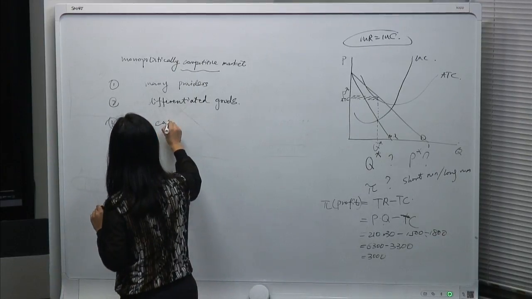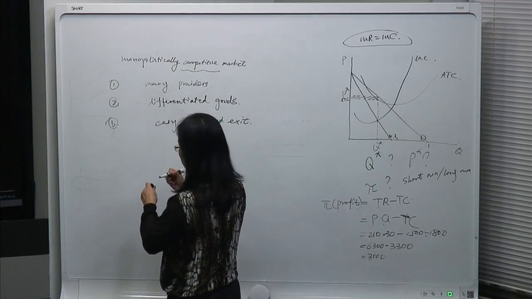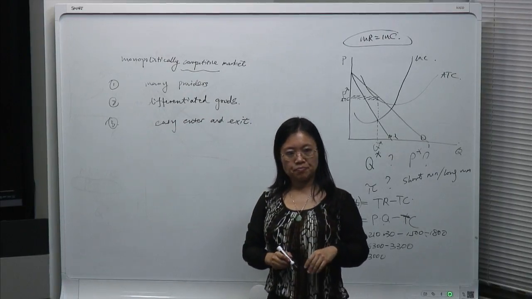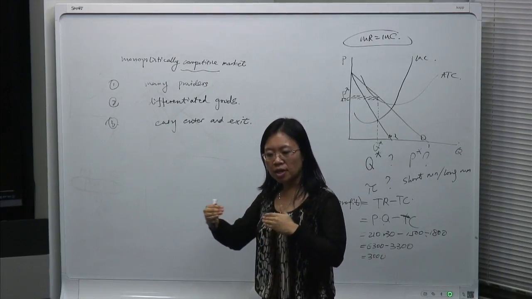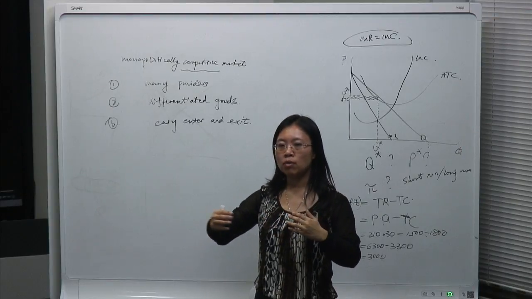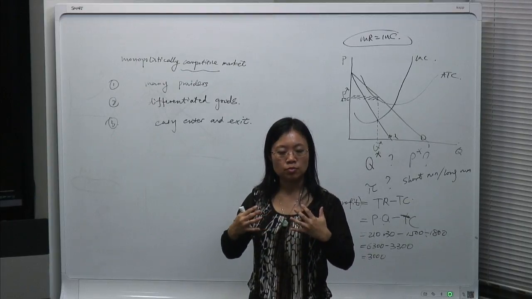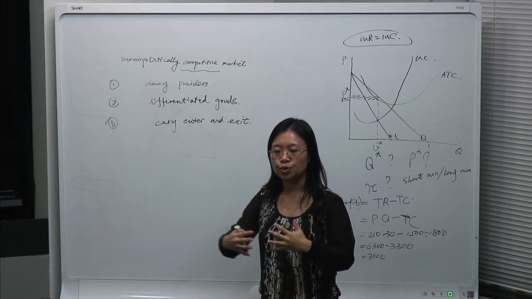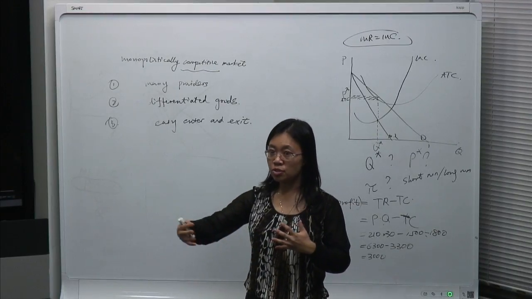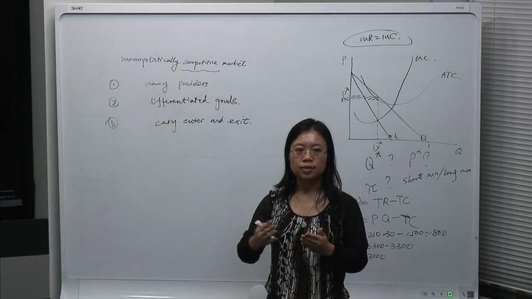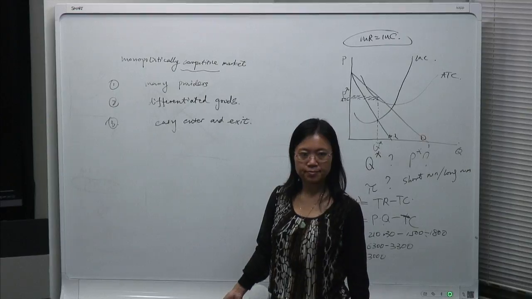By having easy entry and exit, we have a constant flow of newcomers and of firms who want to shut down their business. By doing that, you have a lot of competition, and the profit can be quickly exhausted in this kind of market.